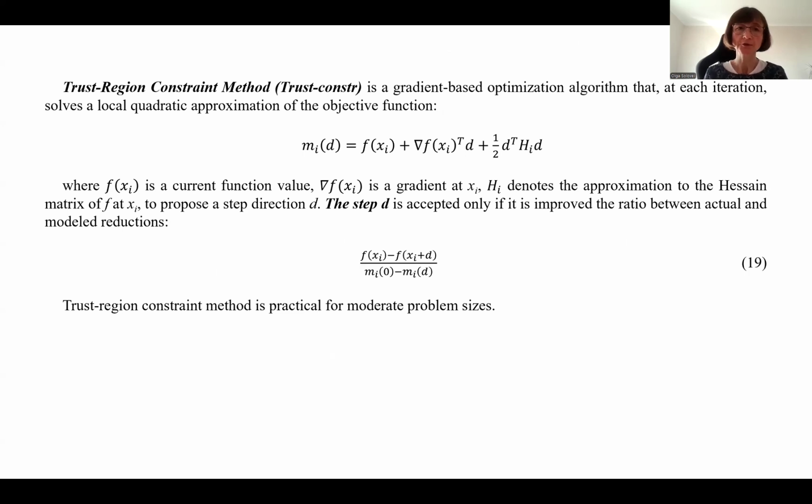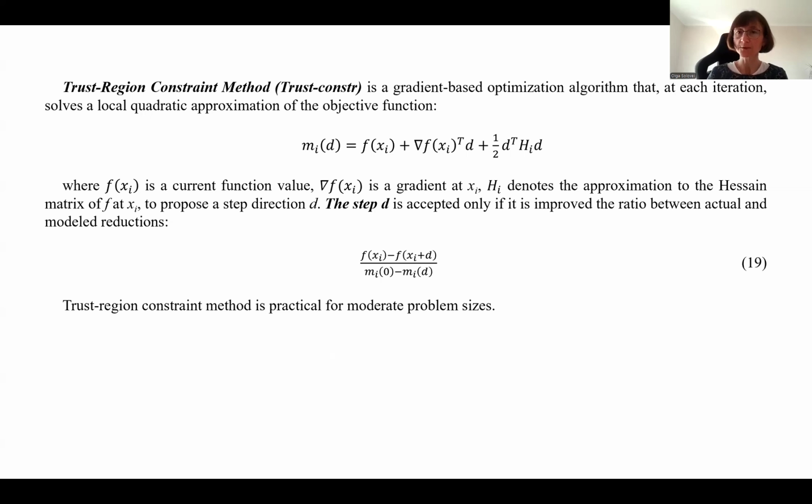Then we included the trust region constraint method, which is a gradient-based optimization algorithm that finds the solution by again approximating the objective function with a Hessian matrix. However, a step in each direction is accepted or rejected depending on an additional evaluation criterion, and this criterion is the ratio between the actual and model function.